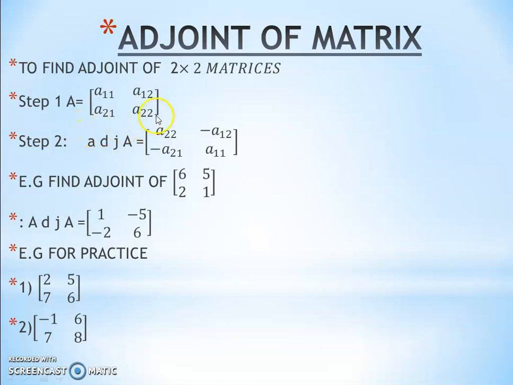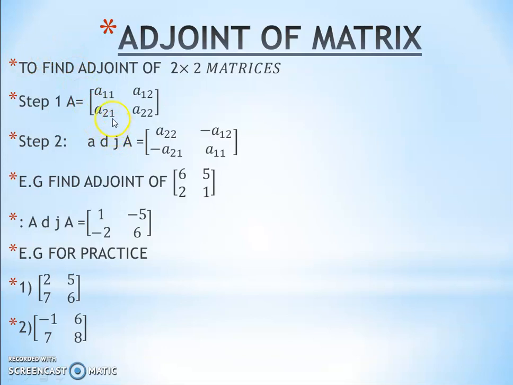A very easy trick. We have to interchange A22 with A11 and A11 with A22. Then we have to change the sign of these elements only. That is, A12 remains in place, but its sign will be changed. If it is positive, it becomes negative; if it is negative, it becomes positive.